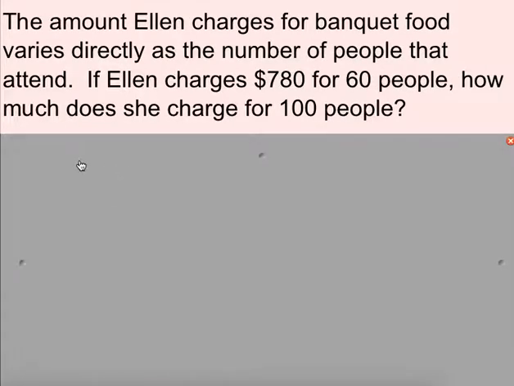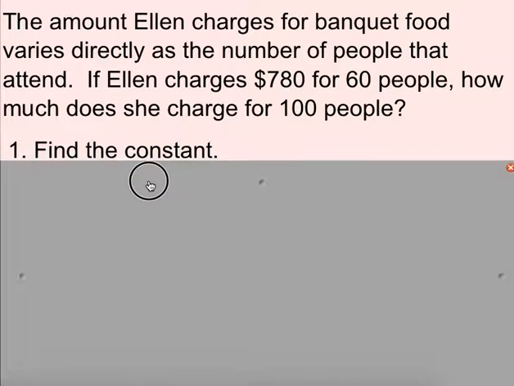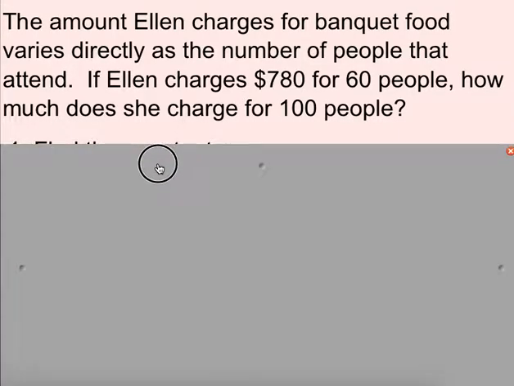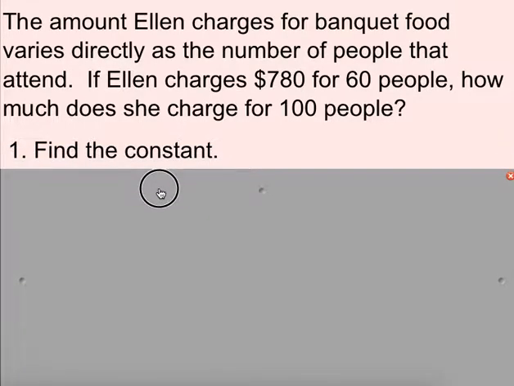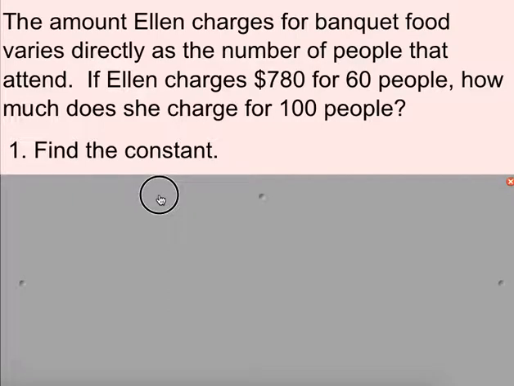So the amount Ellen charges for banquet food varies directly as the number of people that attend. If she charges $780 for 60 people, how much does she charge for 100 people? Well, we actually know that this varies directly. We don't have to prove that. So the first thing we need to do is find the constant. To find the constant, remember, we need to do y divided by x.